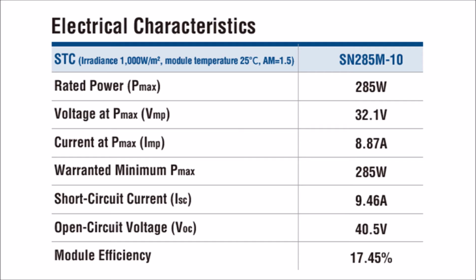MP or MPP stands for maximum power or maximum power point. Basically, the maximum power point is the operating voltage and the operating amperage rather than the solar maximum voltage and maximum amperage.